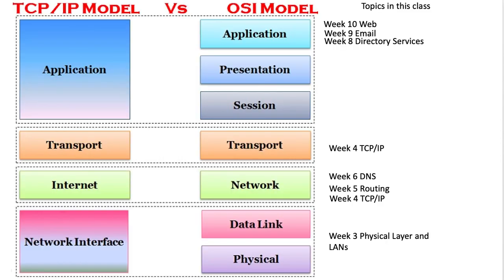In the class itself, these are the topics that we're covering approximately in any given week, and you can see that the topics primarily fit into certain layers of the OSI model.